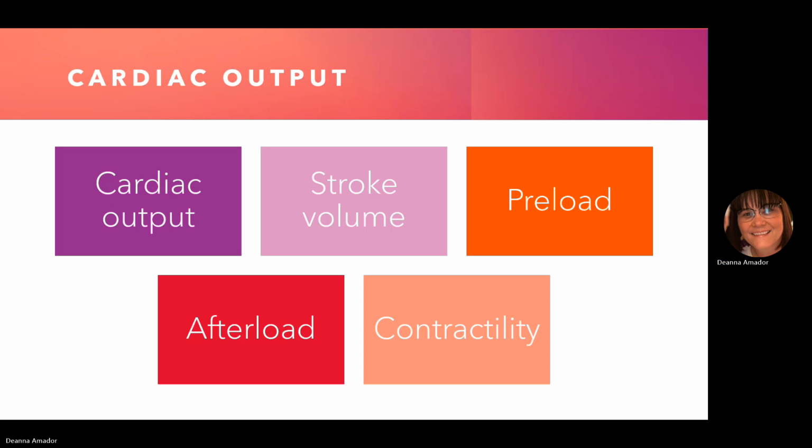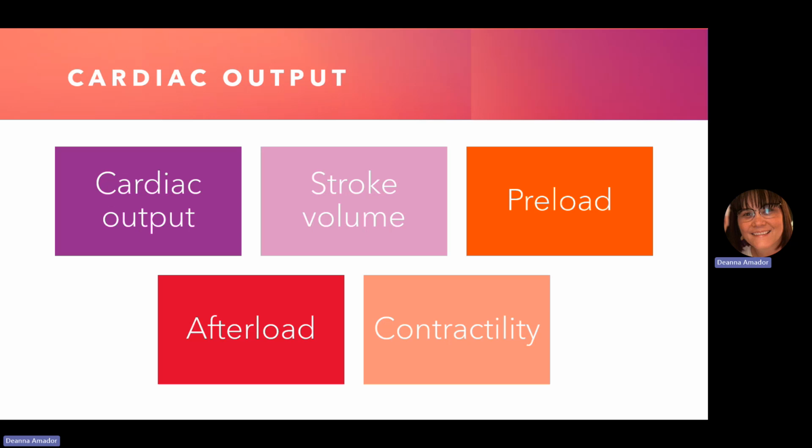So when I think preload, I know in pharm we talked about thinking about volume. If someone had high preload, and if you think about like a congestive heart failure patient, they would be fluid overloaded. So they would have an excessive amount of volume. So they would have a high preload. And then afterload, we talked about thinking about resistance, or what your heart has to pump out against.